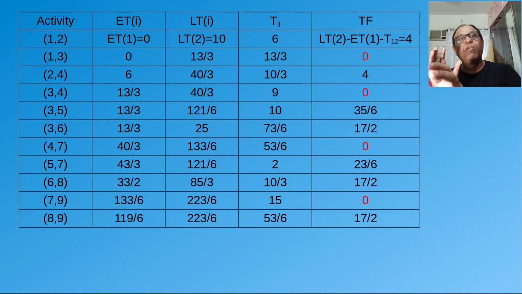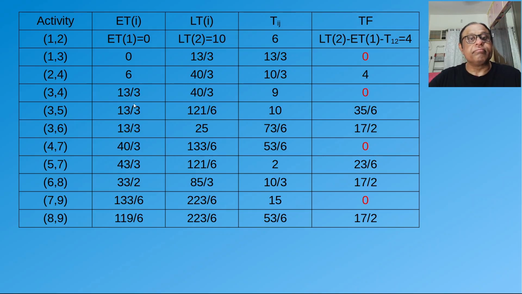If we have a total float of 4 here, it means that we can come to the late time of node 2 by starting 4 weeks later. Even if I start from node 1 4 weeks later, I will reach the late time of node 2.